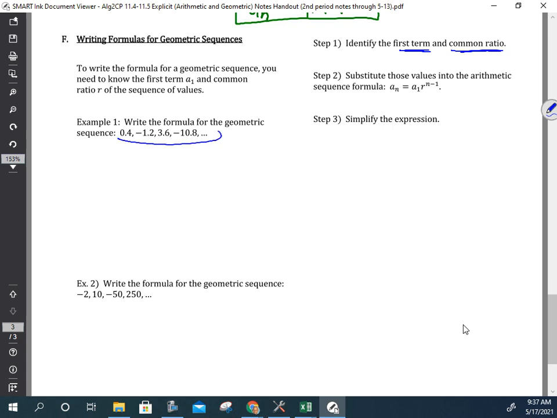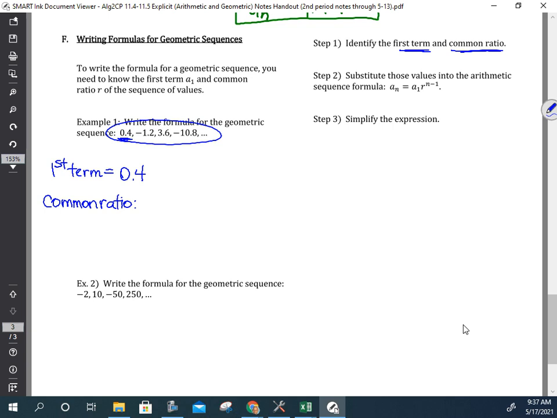So for example 1, here's our set of numbers. Your first term is simply the first number that you see, 0.4. So the common ratio is what each number is being multiplied by. Now, for decimals, or any number for that matter, it might be a little difficult to figure that out.